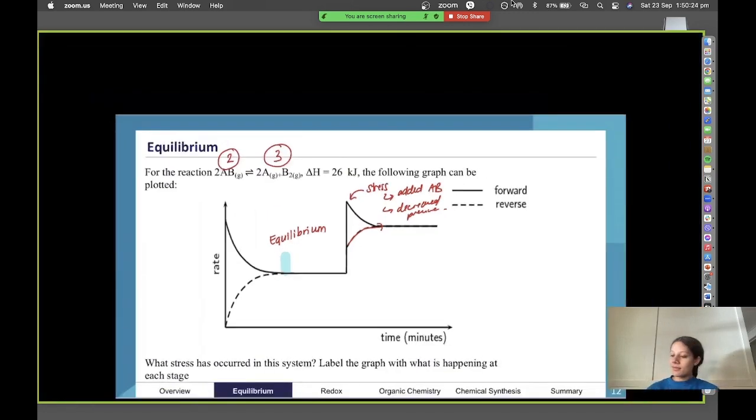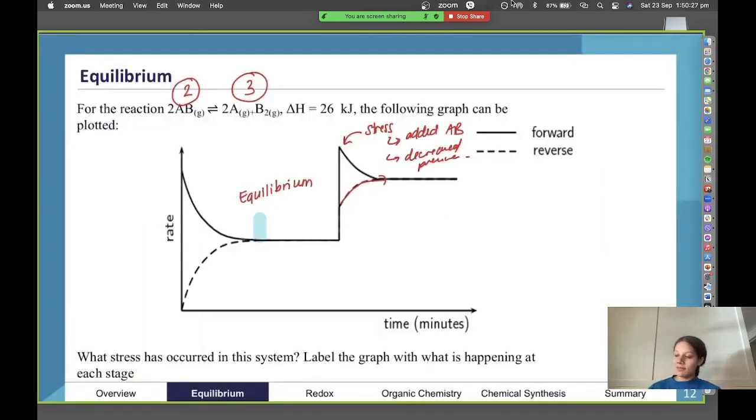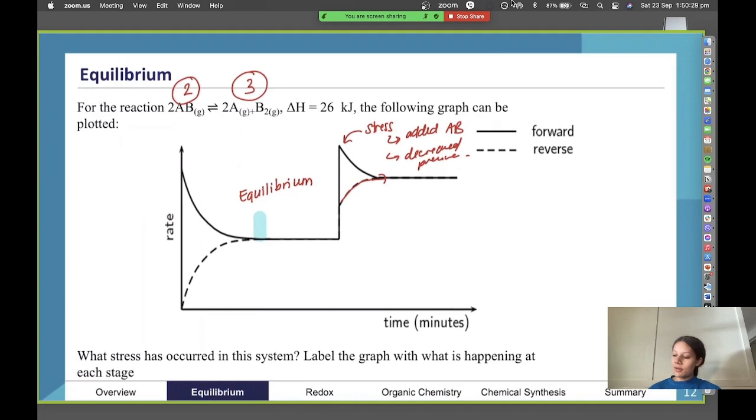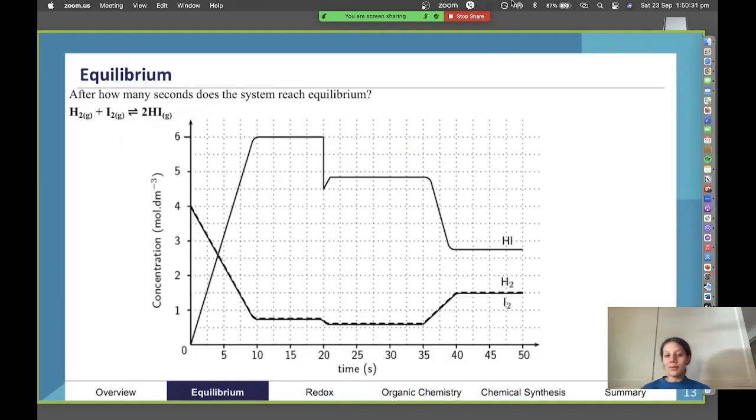Yeah. Any questions again, please drop it into the chat. So our next one's also another graph question. Now we have a concentration time question, so that's a more common one. This one's looking at after how many seconds does the system reach equilibrium? So again, have a go at this question.